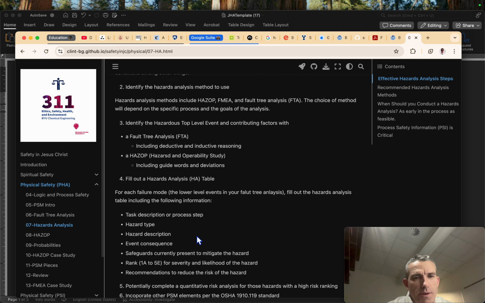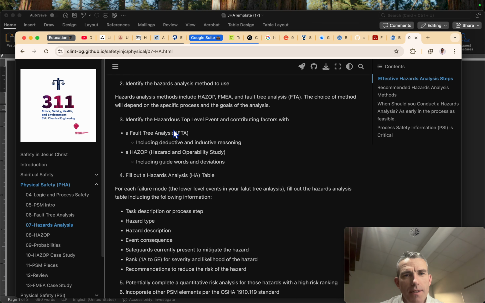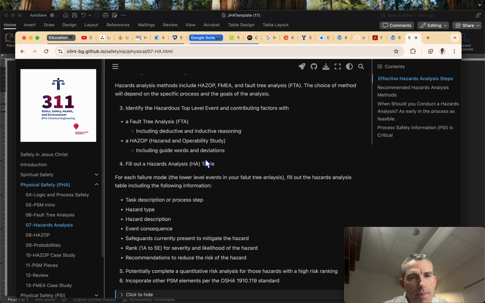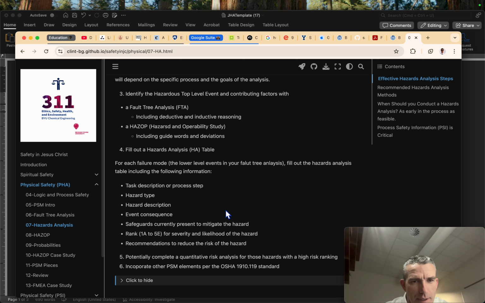In this case, step 3 of completing the fault tree analysis, you use deductive and inductive reasoning to flush all those hazards and failure modes out. Then you incorporate each of those failure modes into a hazards analysis table.